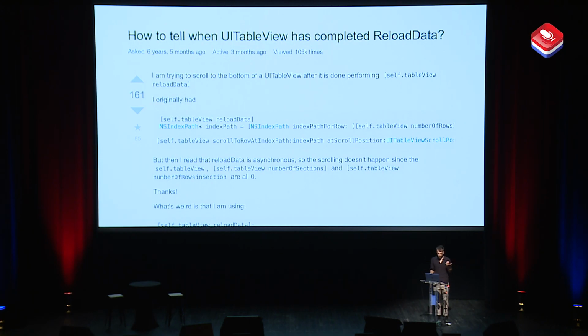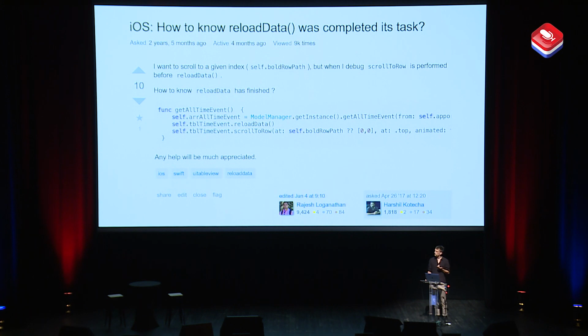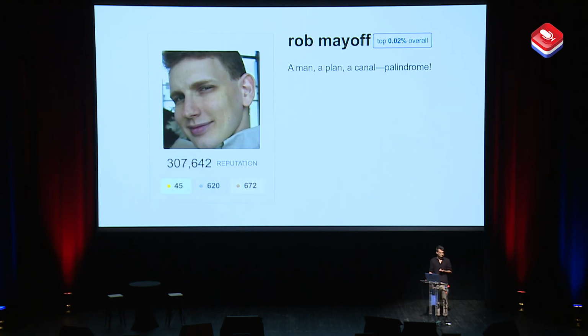Like in questions such as, when does a collection view or table view finish reloading its data? So maybe if I could understand how UIKit manages to defer the layout computation, I could answer all those questions and finally fulfill my dream, winning as many points as Rob on Stack Overflow.